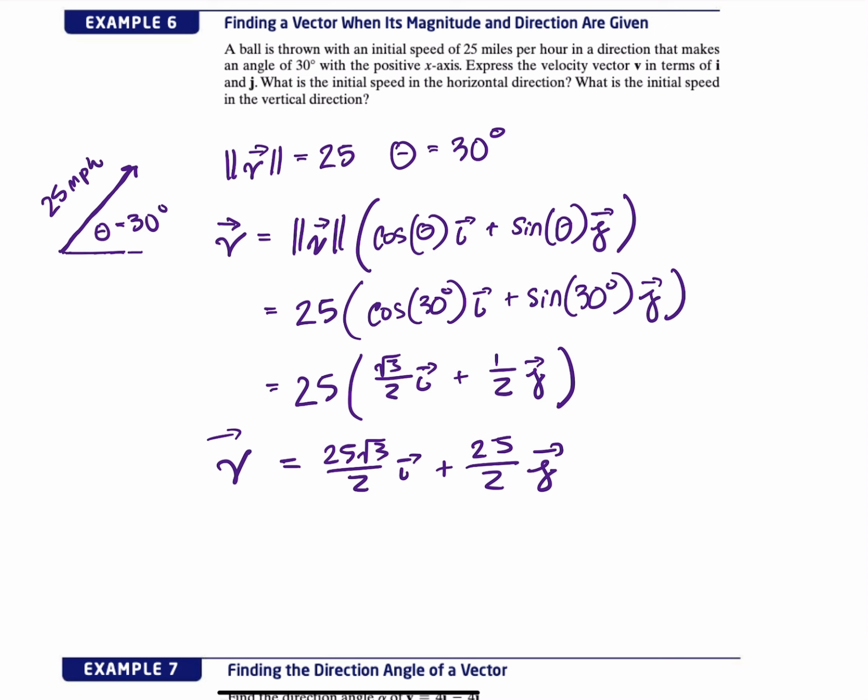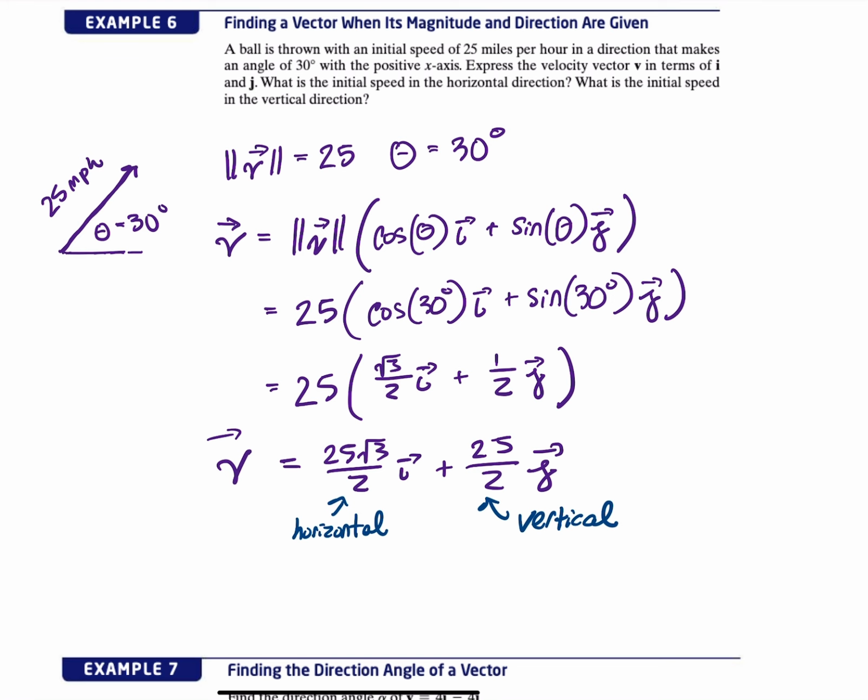So we're breaking up our initial velocity into some horizontal and vertical component. This would be our horizontal, and this would be our vertical. Since we're describing velocity, this gives us how fast it's moving horizontally and how fast it's moving vertically as it's moving in this diagonal direction.